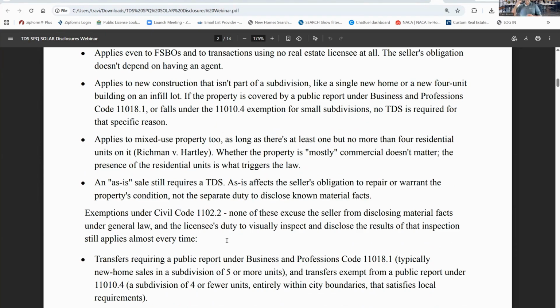And to embellish on that a little bit, if you're using a CAR residential purchase agreement, it's already defaulted to as-is. So essentially every sale you're doing is an as-is sale, meaning the seller is not promising any repairs and they are not warranting the condition of the property, but they do need to disclose any known defects.